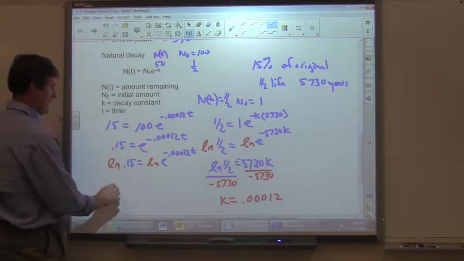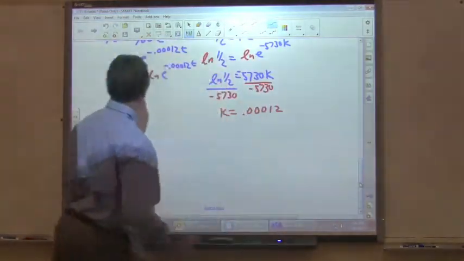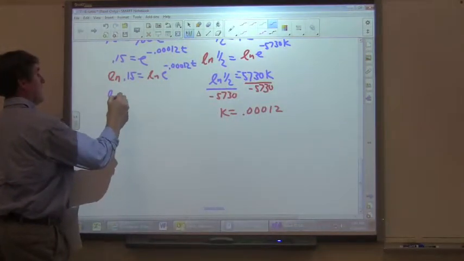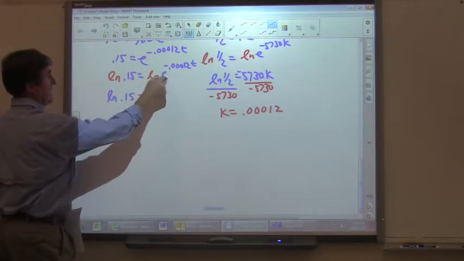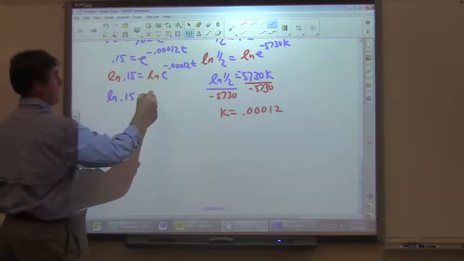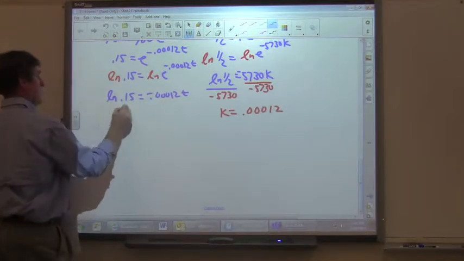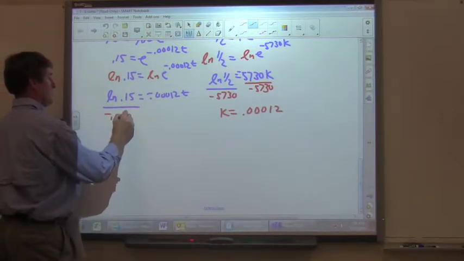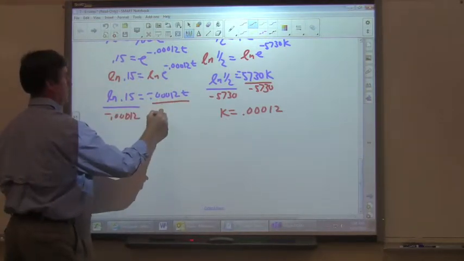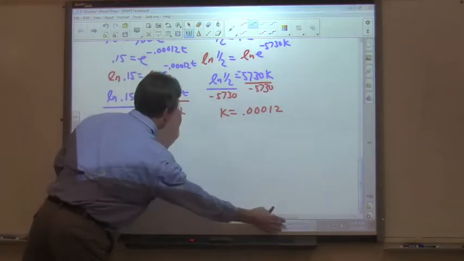So again, I'm going to leave this way for right now. ln 0.15 equals the ln and the e, because it's base e, cancels, so we get negative 0.00012t. And divide by negative 0.00012. And now we go to the calculator.